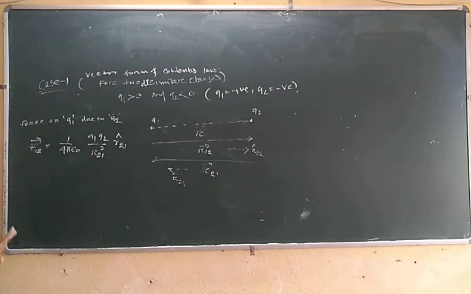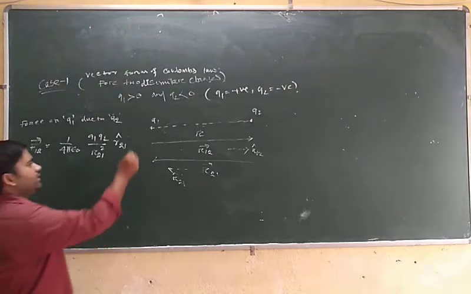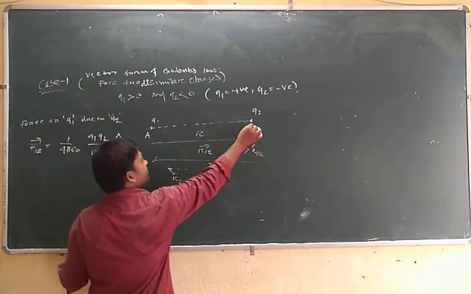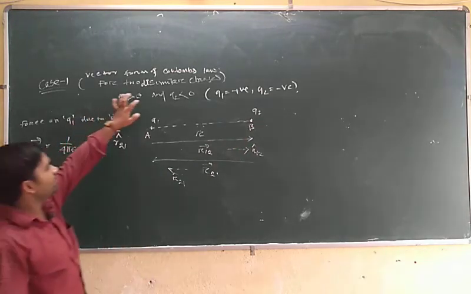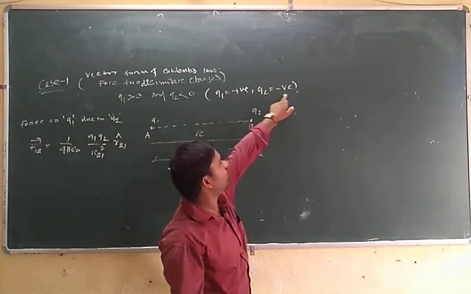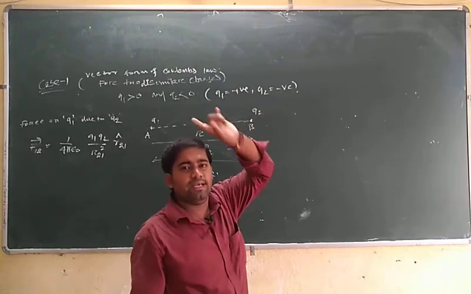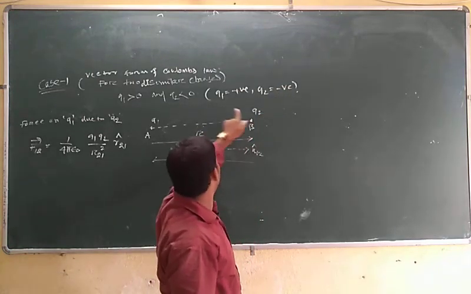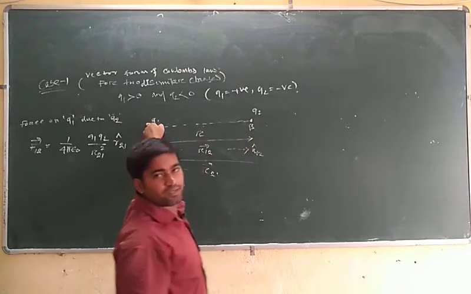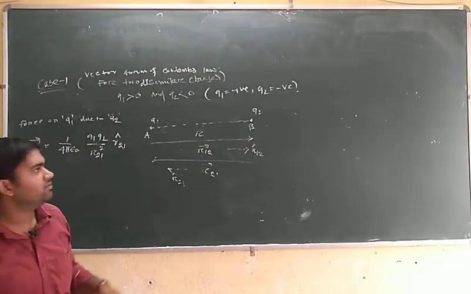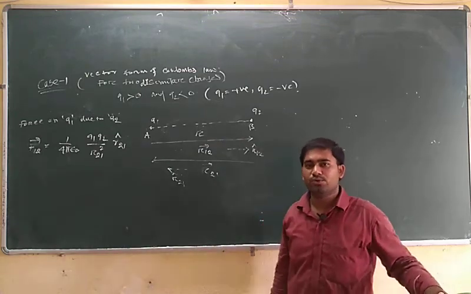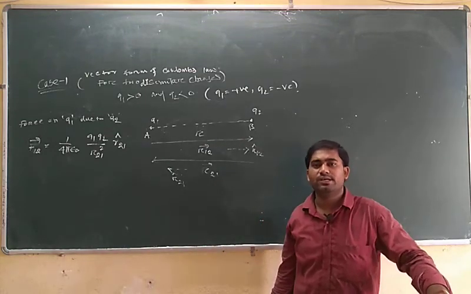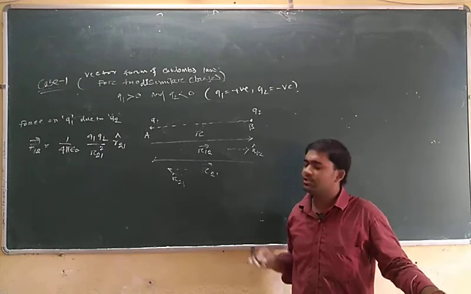Now come to the direction part. Suppose I point here A and B. q1 is positive, q2 is negative, and the action starts from q2 and ends at q1. The direction will be along the line joining the two charges.